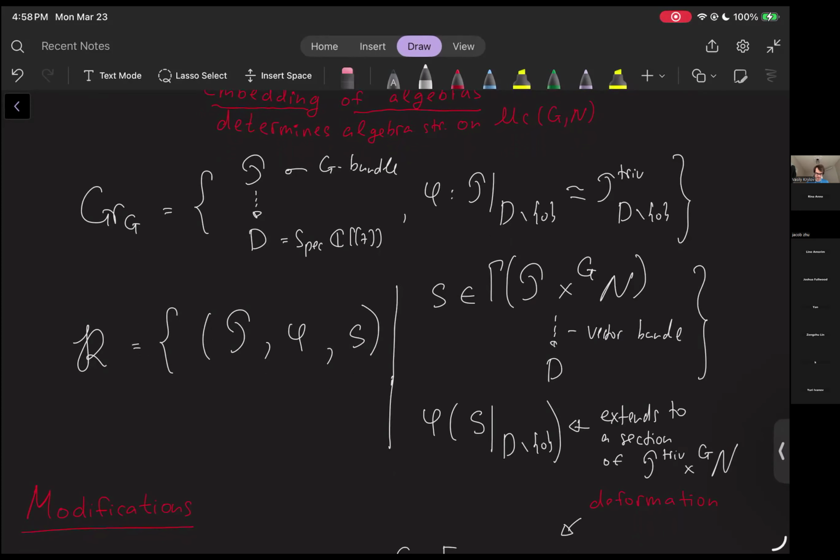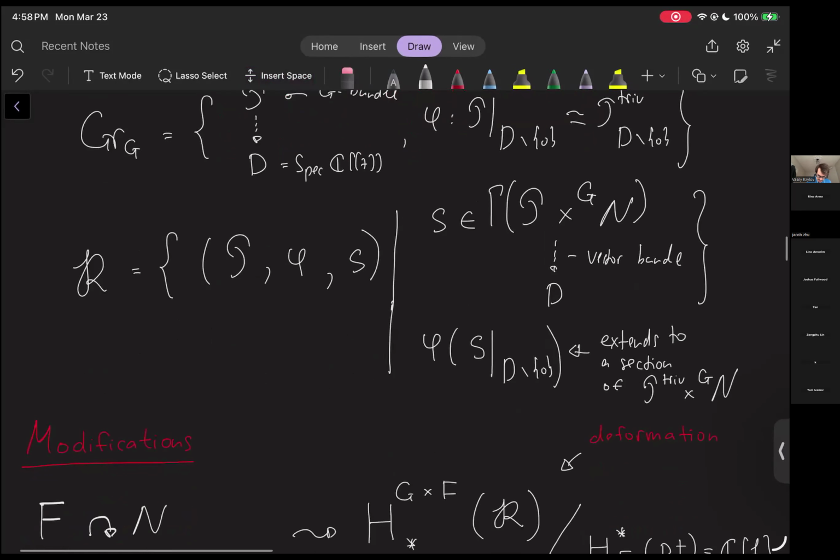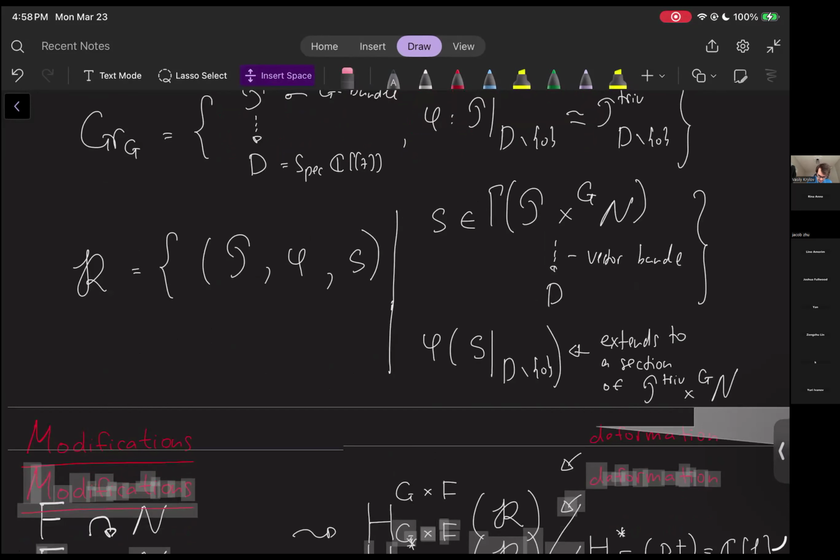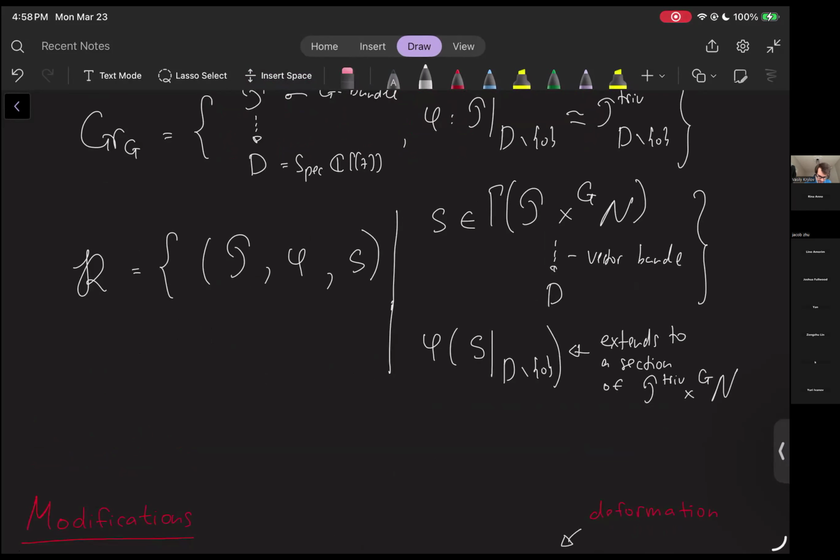So in other words, an alternative way is to think that you had a vector bundle P on D, and you also had a trivial vector bundle on the same D. Now using the trivialization phi, we can glue them into one bundle, P tilde, that lives over this Riviola space, that is D cross D over D without 0.